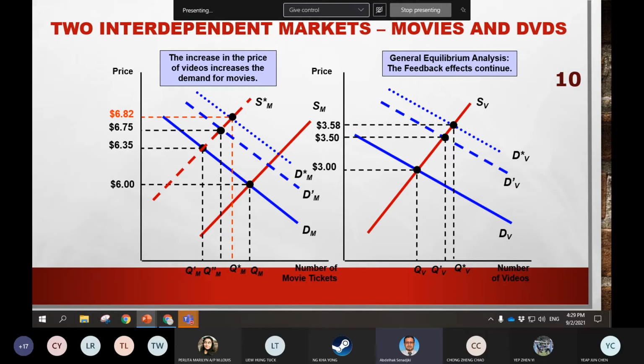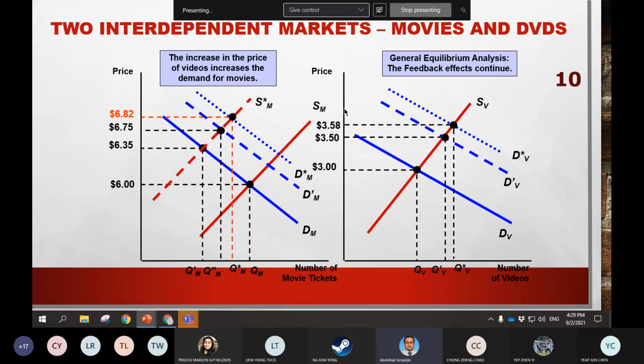That equilibrium in that case is here. In the theater market it is Q star M at price 6.82, and for the DVD it is Q star V at price 3.58. Could be maybe more than that, another round. Maybe it increases again to another D star 1M and gives another higher price. Then people shift again, and this increases from D star V to D star V1 and gives another one.